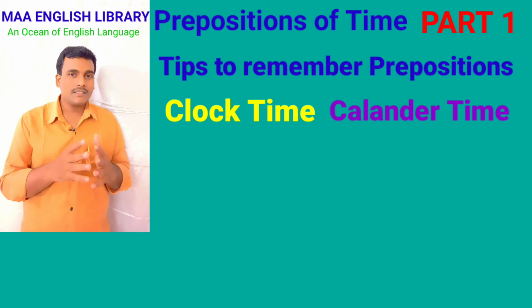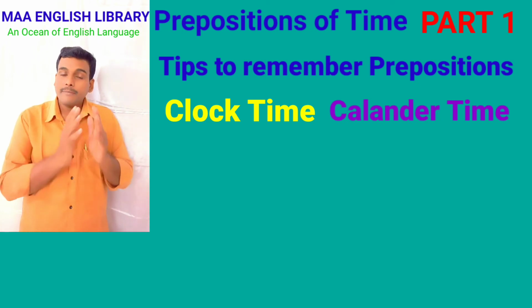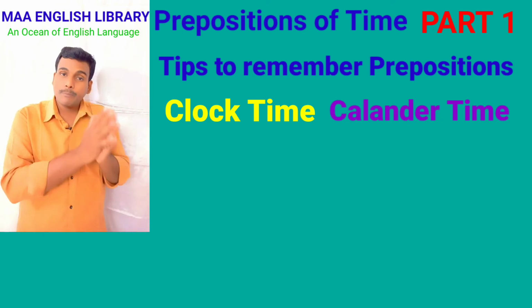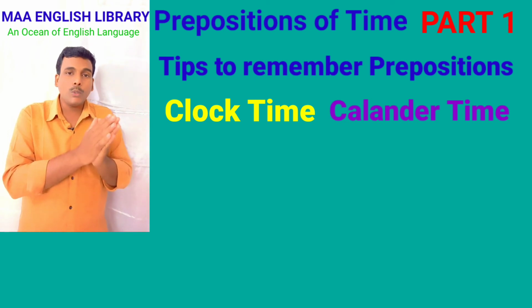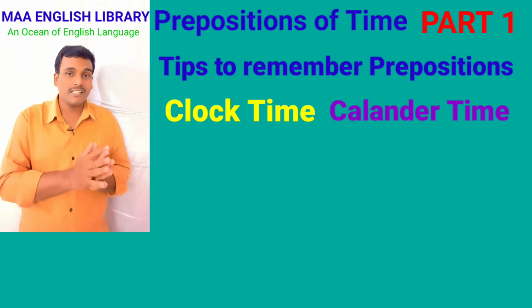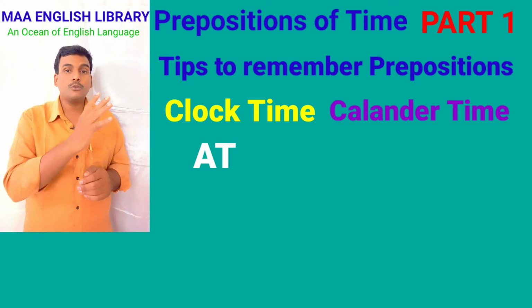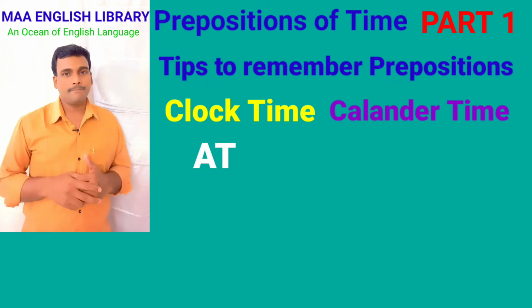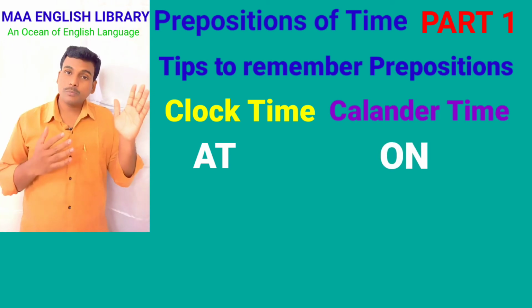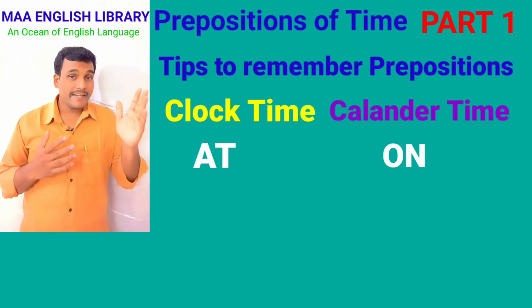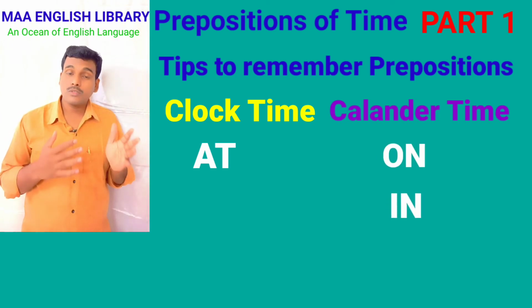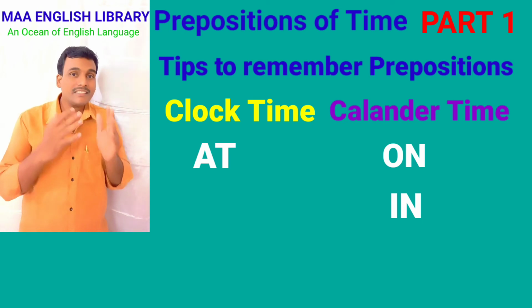Okay now, the first one is the preposition which speaks only about clock time, that is "at". Here in this list, "at" speaks only about clock time. And "on" speaks about days and dates, and "in" speaks about months, years and seasons.